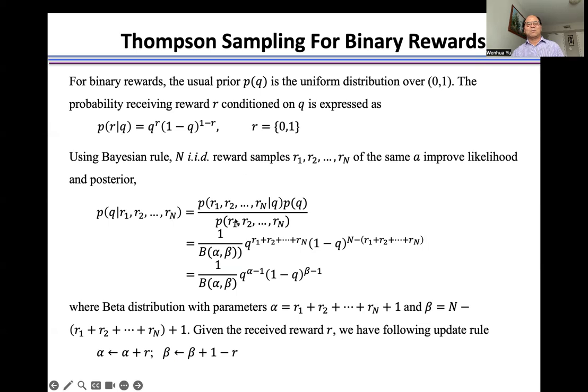In this case, we can express this posterior as a beta distribution, which has parameters alpha and beta. Then for each Thompson sample, we update alpha and beta step by step. Finally, we get a convergent posterior. And from here, we find the optimal action and the optimal expected reward.